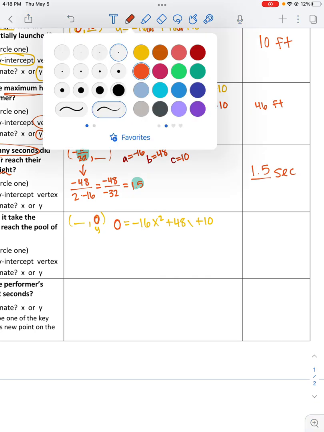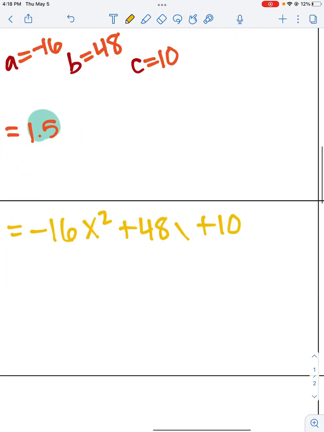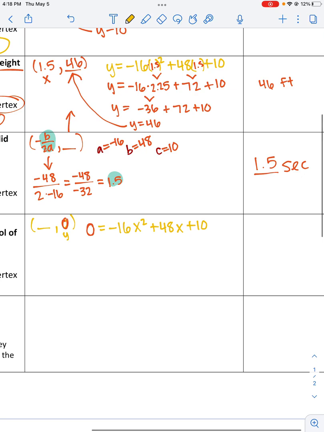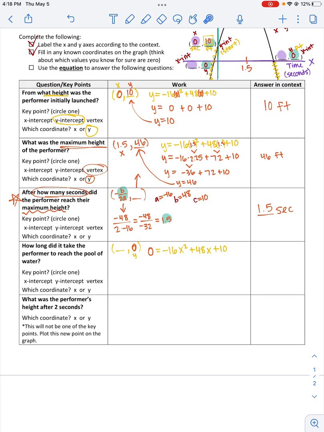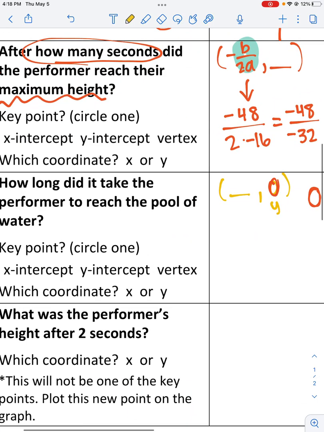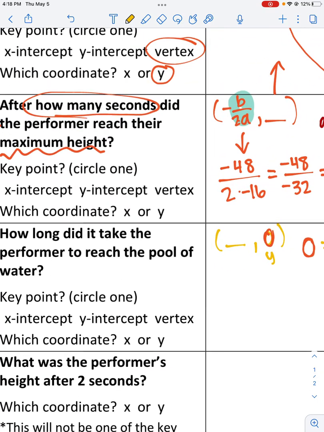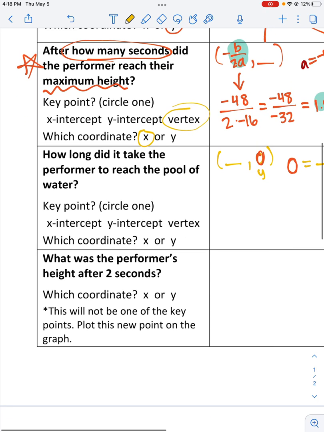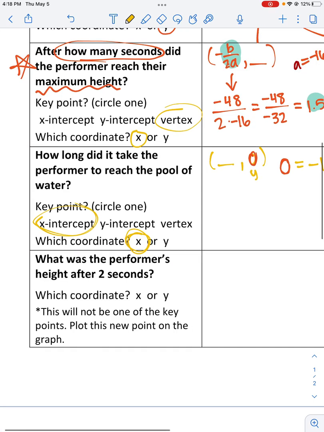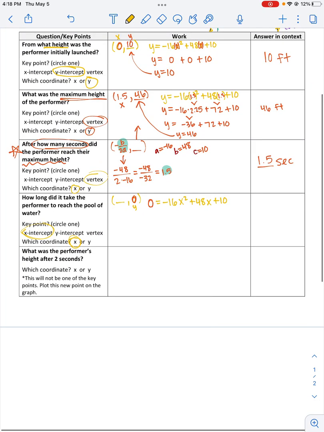So now, this is probably the most algebra of all the questions here. I'm trying to figure out what values of x, or what time, will give me that height of 0. So I'll go back. This was the vertex, this was the x value, and now we're looking at the x-intercept, and we're looking at the x value because we know y is 0.